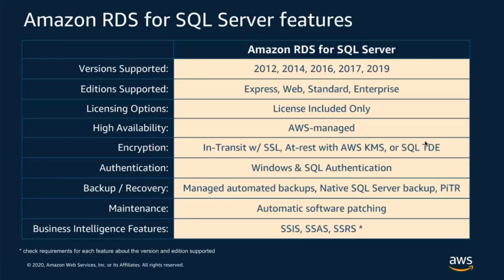Amazon RDS for SQL Server supports the license-included licensing model. You do not need to separately purchase Microsoft SQL Server licenses. The license-included pricing is inclusive of software, underlying hardware resources, and Amazon RDS management capabilities.